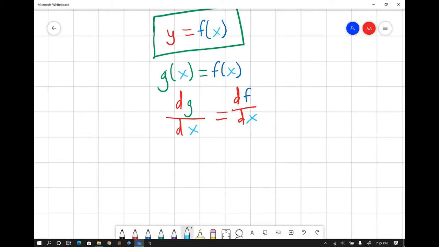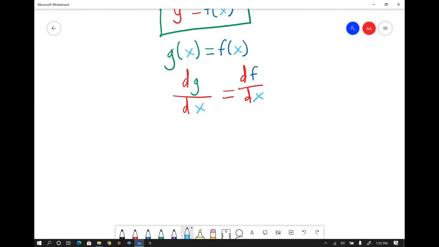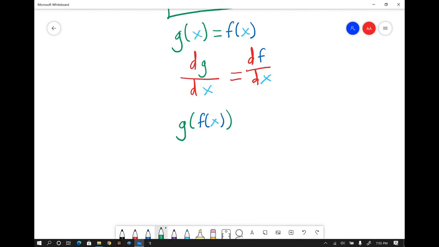And if our function happened to have an input other than x, so let's say g of f of x, where f of x is our input, then the derivative of g with respect to our input f of x would look like dg over df.